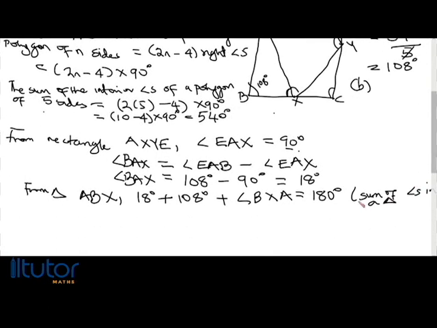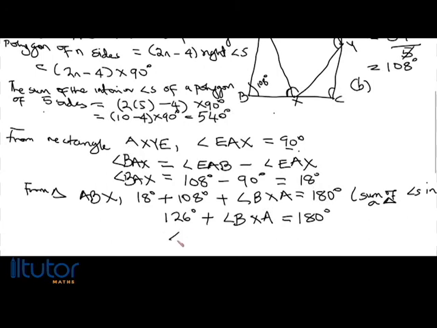So 18 degrees plus 108 degrees gives us 126 degrees. 126 degrees plus angle BXA equals 180 degrees.